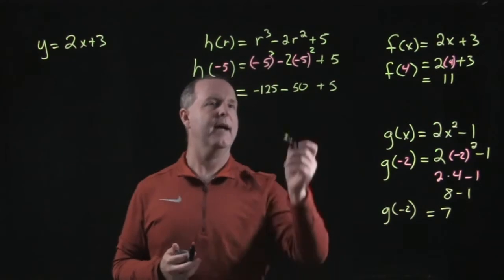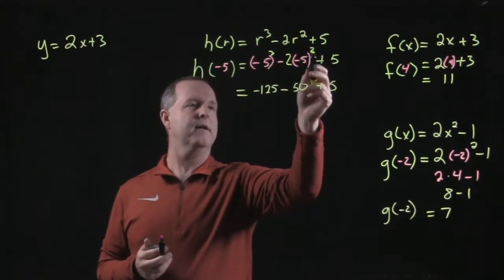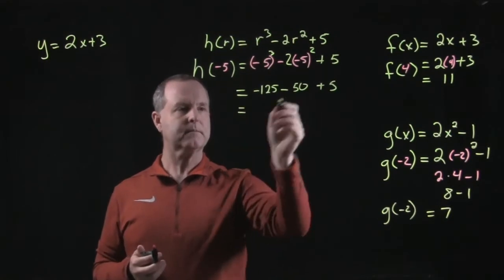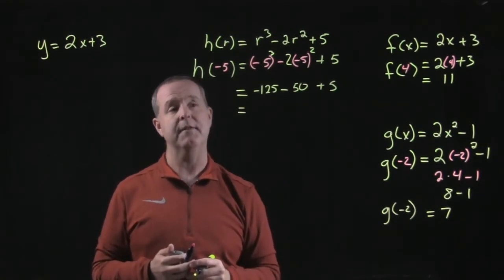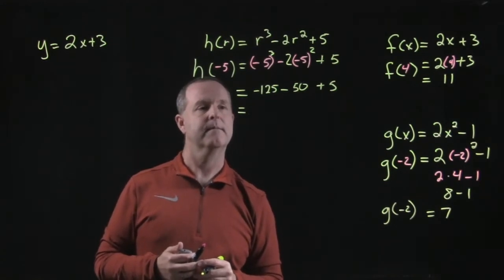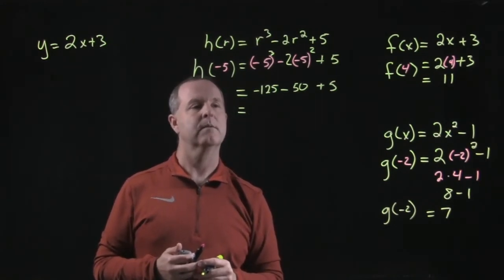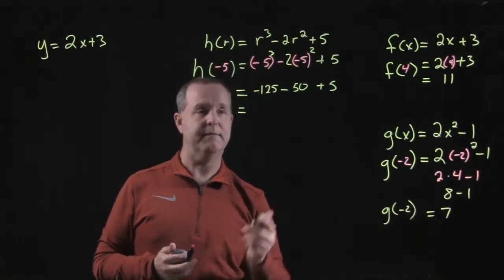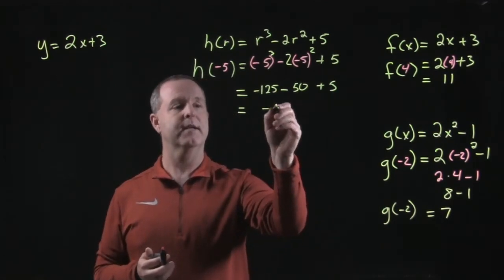Let me double check that. Negative 5 squared is 25, times 2 is 50. Solve that down. Negative 125 minus 50 makes it negative 175, plus a 5 makes that negative 170.